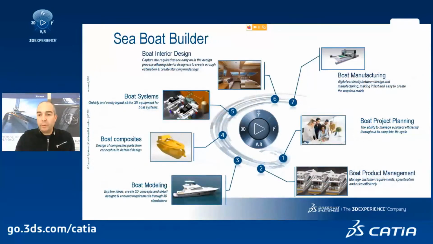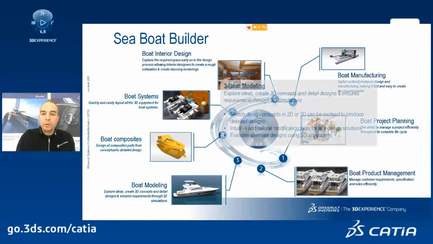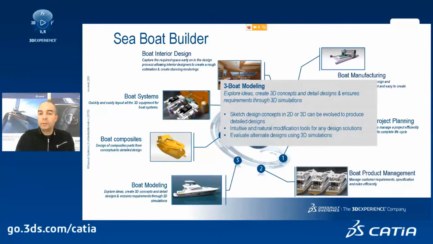Concerning Build for Sea, here I won't go into detail, but you have the 7 industry processes, which are not exactly in the same order as for the previous solution. But in the boat modeling industry process, that you will have in third position here, basically you will also need to validate your hull and to design it. In this industry process, you will be able to design from 2D or 3D sketches.